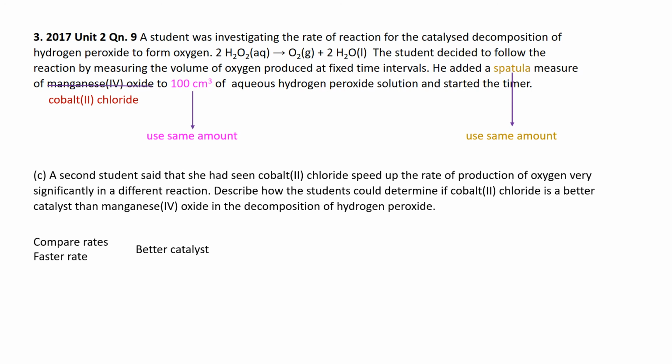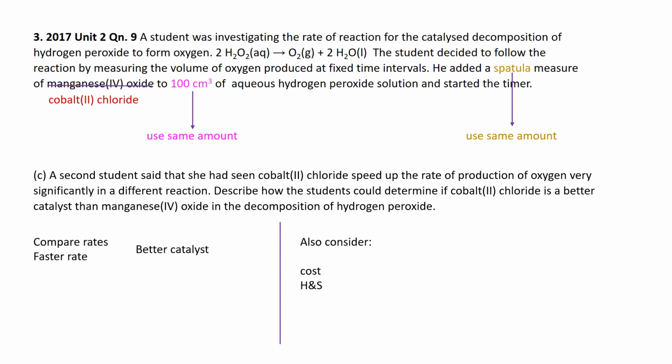Now, that's the A-level answer, but let's think about a couple of other things. First of all, think about the cost. Maybe manganese 4 oxide is extremely cheap and cobalt chloride is extremely expensive. You have to think about what kind of improvement in speed makes it a worthwhile substitution. Another great issue is health and safety.